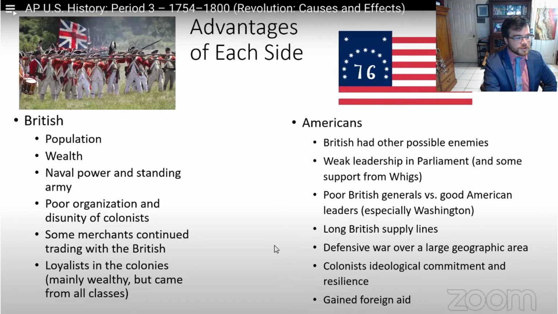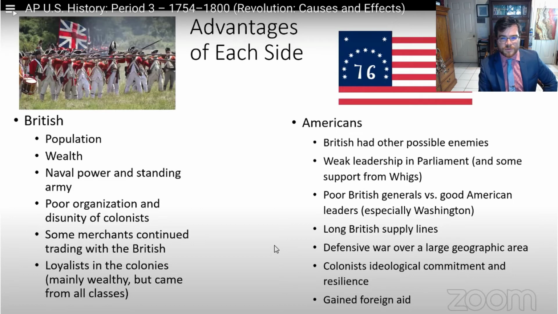All right, so the British had more population, more wealth, more military, guys. They had some very battle-hardened troops. America, well, we're playing defense, and usually when you're fighting a defensive war, you have a military advantage in that regard. We had great American generals, General Washington, Horatio Gates, a lot of good generals.